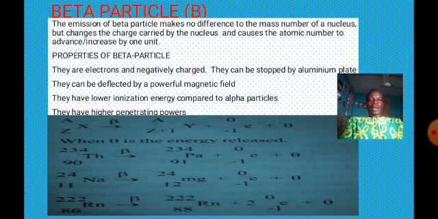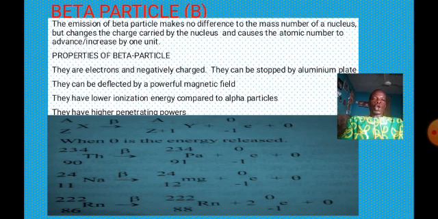Okay, let's now look at some examples under beta particles. Let's look at the example we used the other time, element X with atomic number Z and mass number A. When element X is being bombarded with beta particle, it will also produce element Y. But in this case, the atomic number of element Y will be increased by 1, but the mass number remains the same.